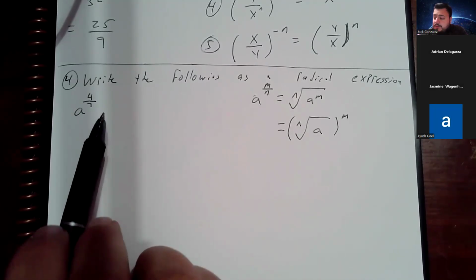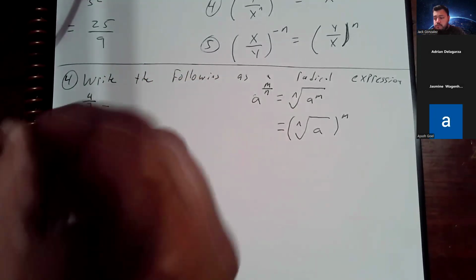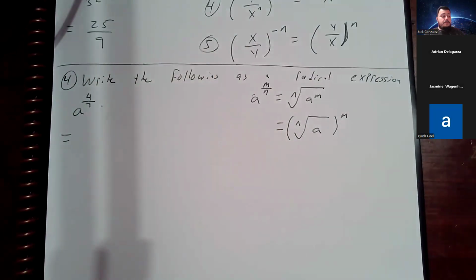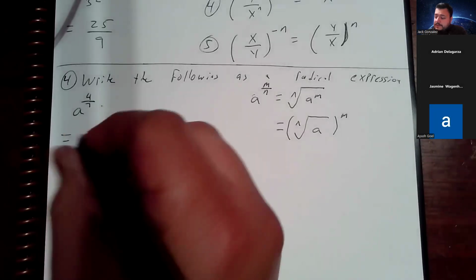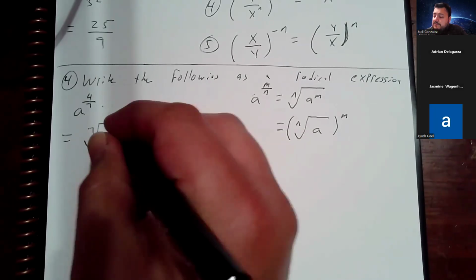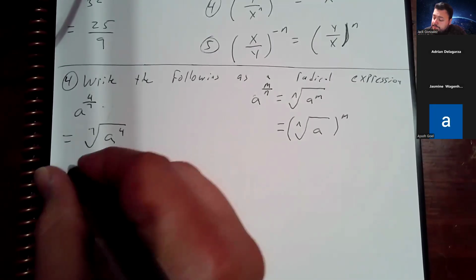So what is my root going to become? Yeah, it's going to be the seventh root of a, and then the 4 can be inside or it can be outside.